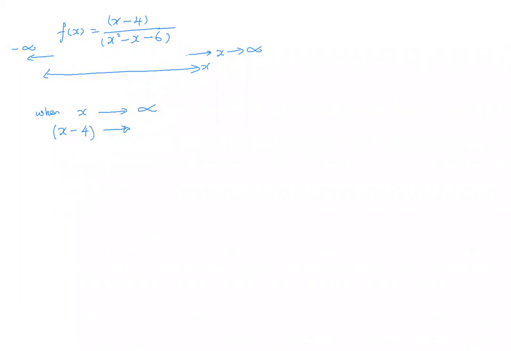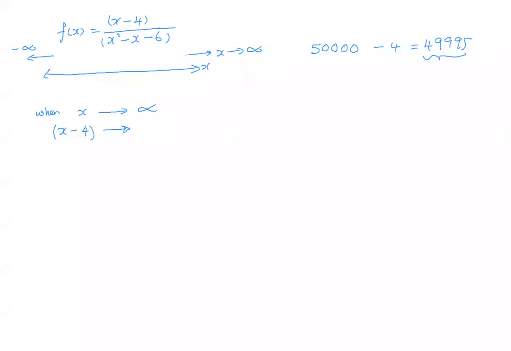I think it will be small. Huh? I'm not too sure. 500,000 minus 4. Big or small? Big. Very big. So you tell me x minus 4 will tend toward what? Greater.